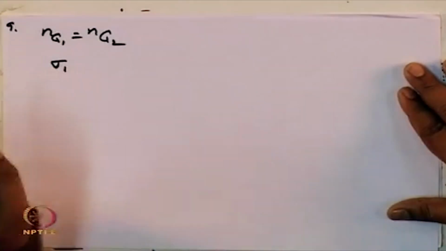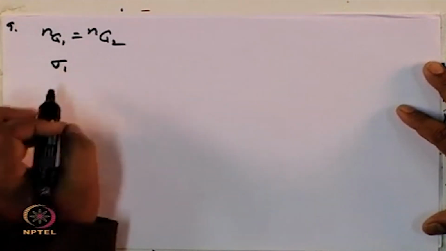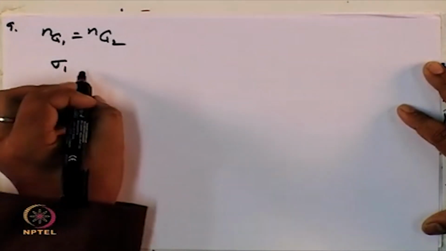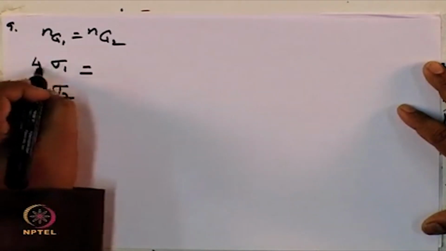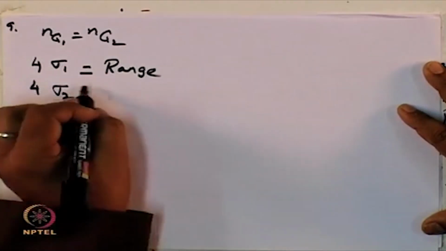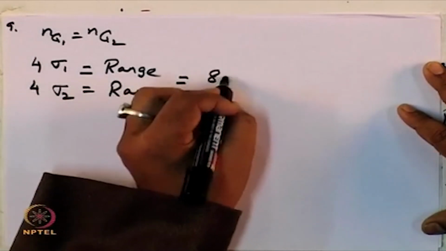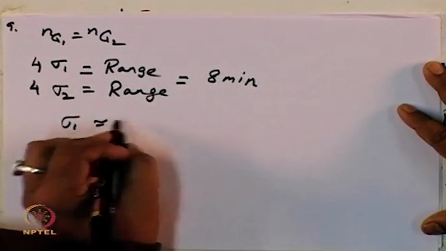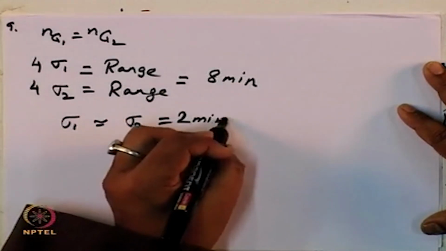So, sigma 1 is the standard deviation of the population for group 1, and sigma 2 is the standard deviation for population of group 2. Now, you remember this approximation as 4 times sigma is equal to range. So, I can write 4 times sigma equal to range, and this I am given as 8 minutes. So, from this you can estimate sigma 1 equal to sigma 2 equal to 2 minutes.